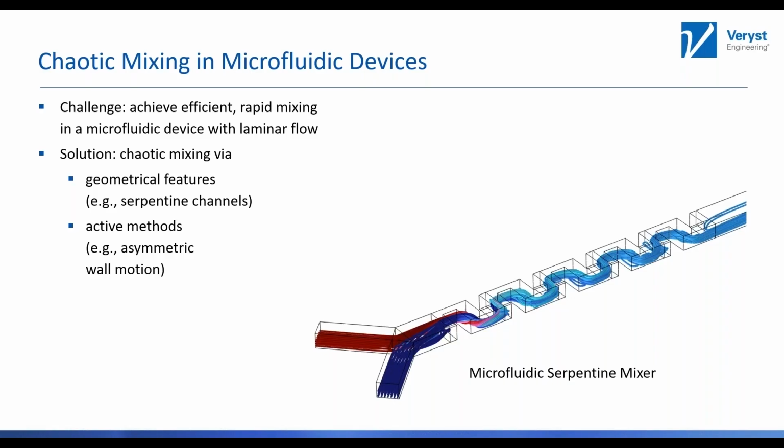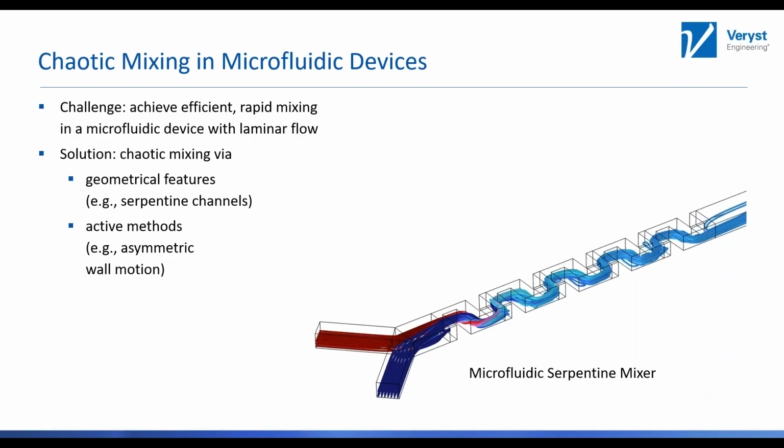The challenge, though, is that with microfluidic devices, and Joe mentioned this already, in order to achieve efficient, rapid mixing, you can't take advantage of the turbulent mixing, which is very efficient. We're stuck with the laminar flow.